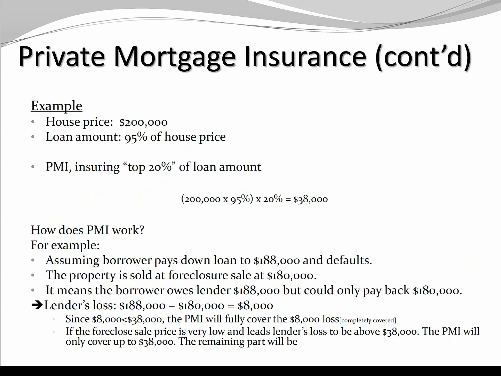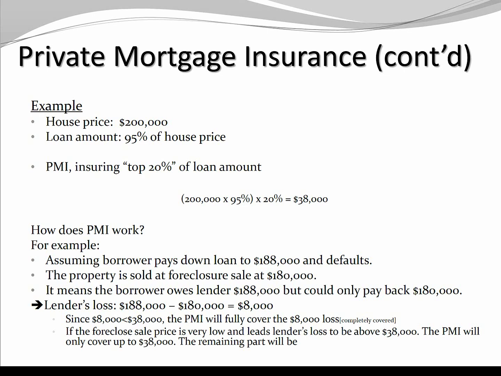Let's say this private mortgage insurance will insure up to the top 20% of the loan amount, which means 20% of $190,000, which equals $38,000. So how does this private mortgage insurance work? For example, assume the borrower pays down the loan to $188,000 and gets into default.